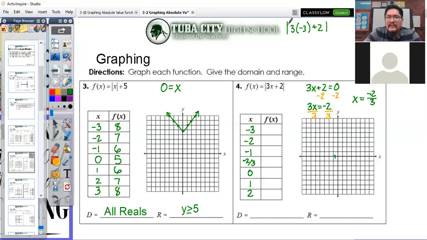In this case here, negative 3 times 3 would be negative 9 plus 2. And this would be absolute value of negative 7. So it looks like I'm going to get the absolute value of 7. Well, actually, it'd be positive 7, but I meant to say the absolute value of a negative would be positive 7. But again, just remember, anything you put in there is going to become positive.